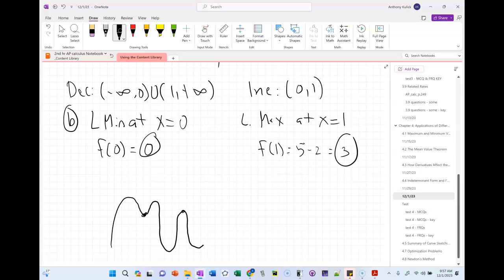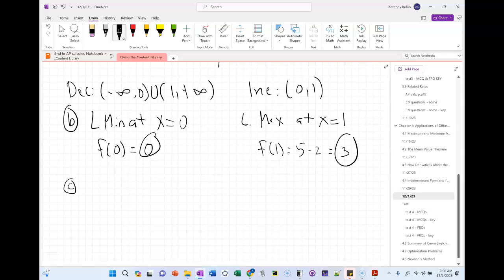Where they have the same y value, but one is a maximum and one is a minimum. So you can't tell by looking at just the number whether it's a max or min. You have to use the sign diagram to get that. Or you could do a second derivative test, but why? When you have everything you needed right there.